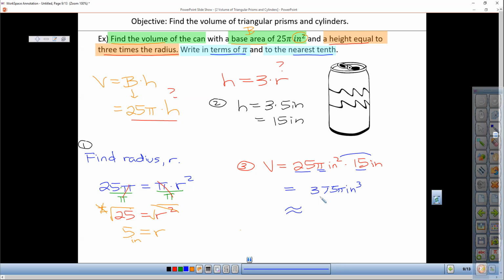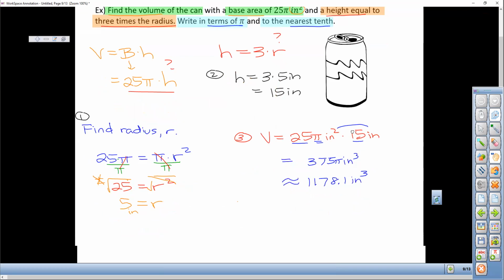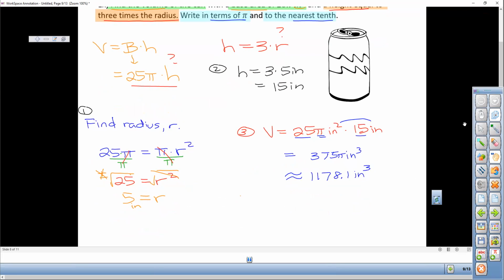So multiplying my 375 times my pi key and rounding to the nearest tenth, I get 1,178.1. Still, of course, inches cubed. So now we're going to write our conclusion. So here we were finding the volume of the can, in both terms of pi and to the tenths.